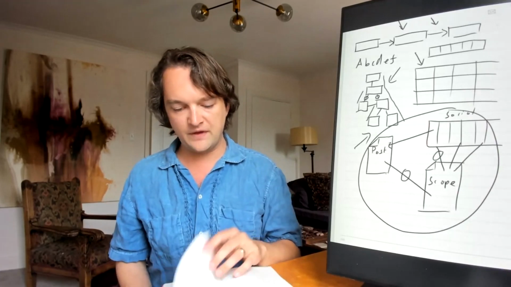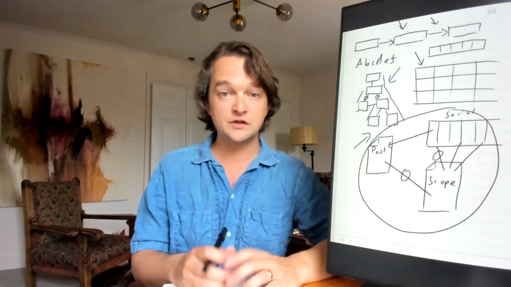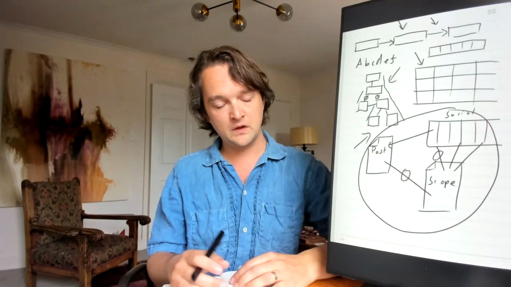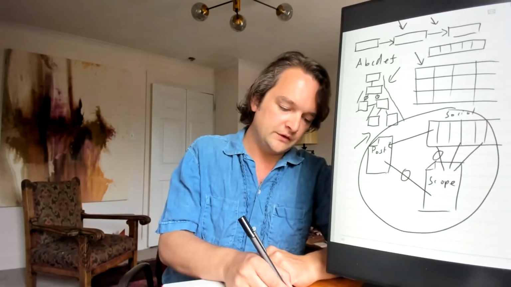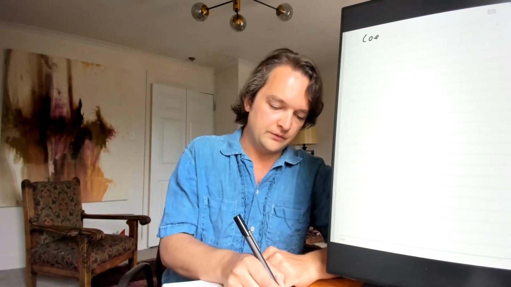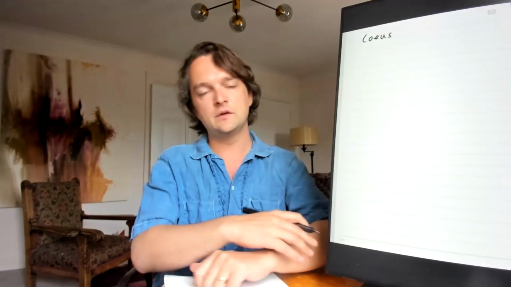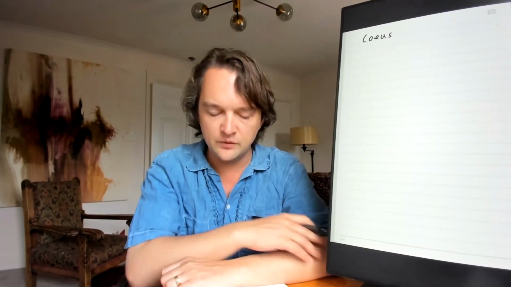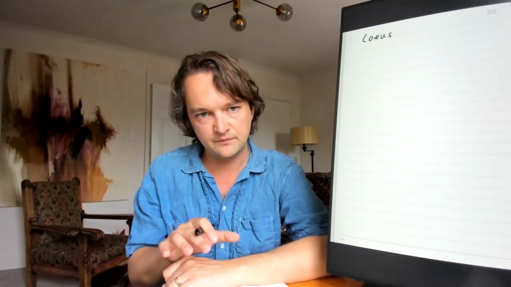And that's why this matters so much to us at HSM. I'm not going to show it to you today, but we have created an application called Coius. And Coius allows you to do all of this stuff naturally.